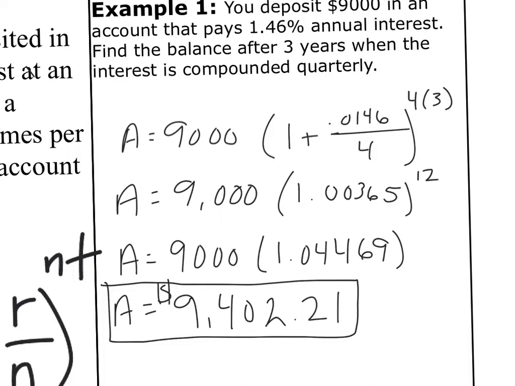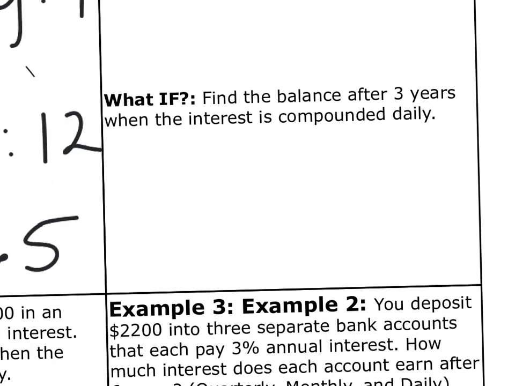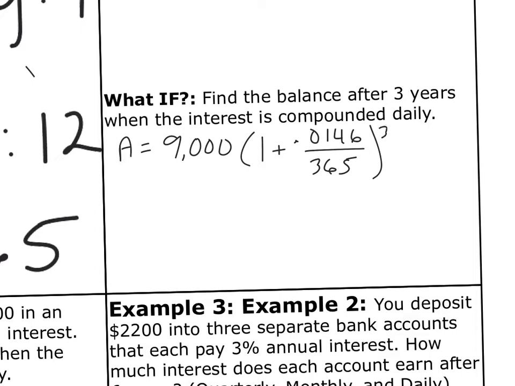Now, let's take a look at another example. It says, find the balance after 3 years when the interest is compounded daily, okay? So now instead of using quarterly, we now have daily. So I have A is equal to 9,000 times 1 plus, now the rate is still the same, so I've got 0.0146 divided by 365, and then I do 365 times 3.